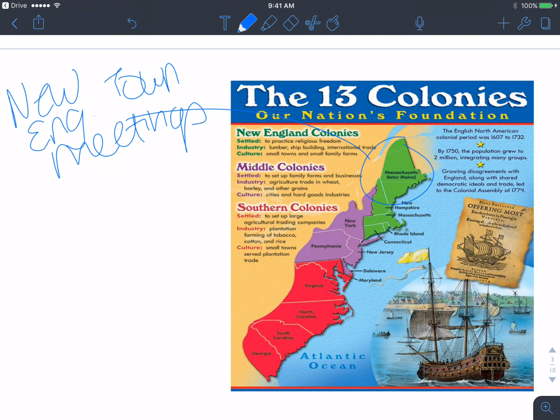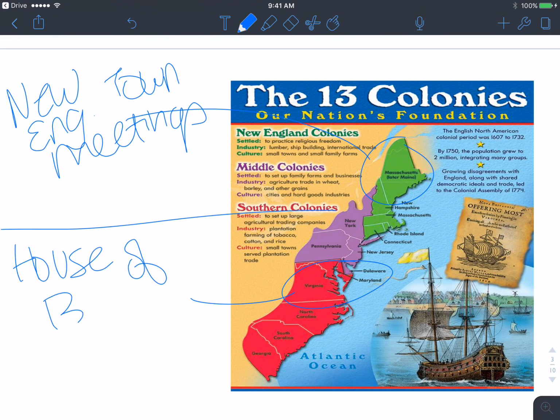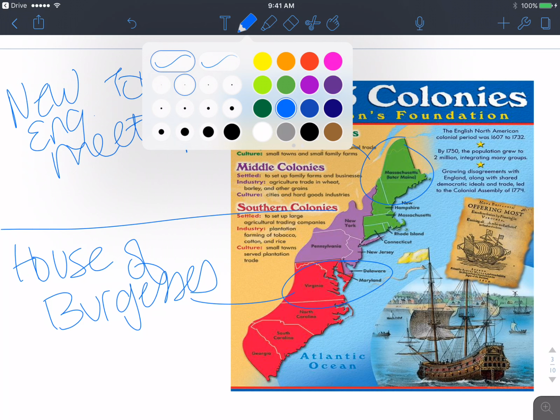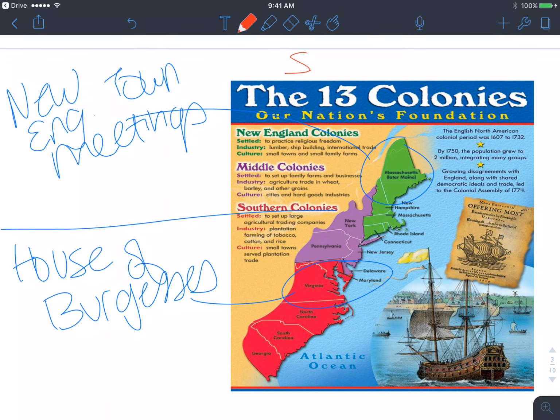And one of the bigger colonies in the South was Virginia, and they had the House of Burgesses. These are both representative forms of government or self-government, so that's always a good term to know. Getting there is influenced through some of this Enlightenment writing.